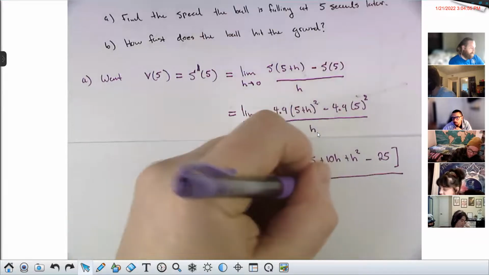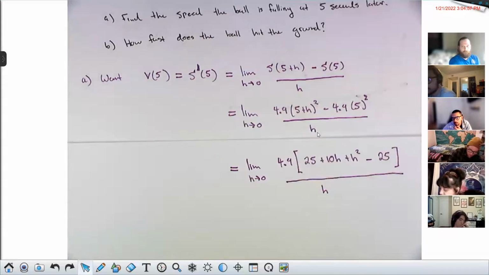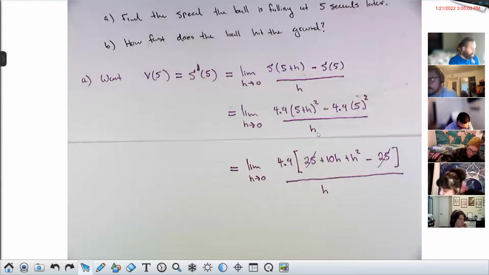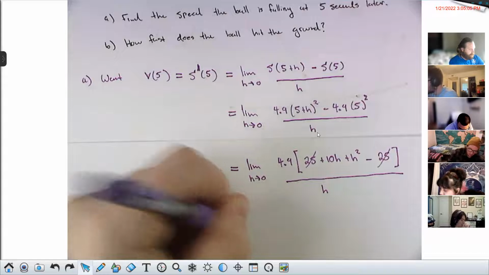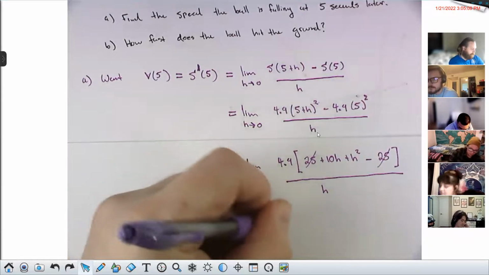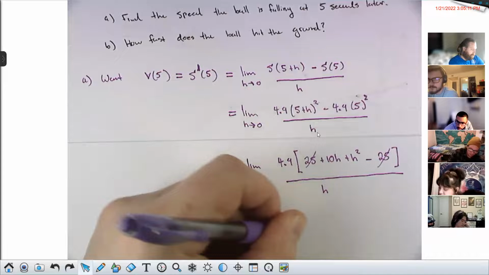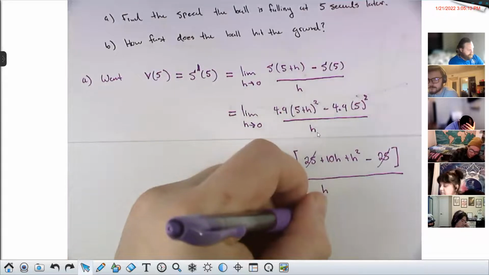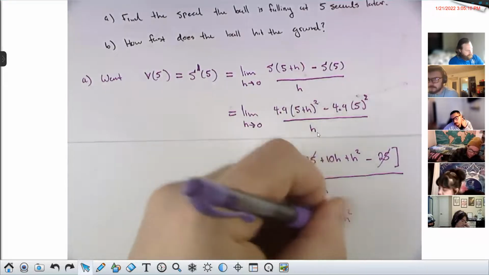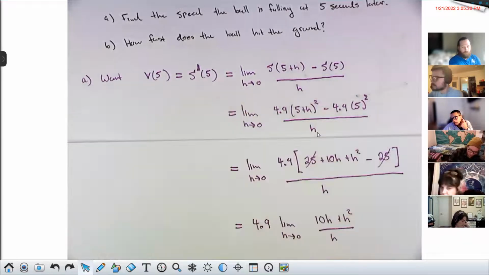And all of this is still over h. The 25s eat each other up. The 4.9 can come outside the limit as a constant. And what's left is 10h plus h squared over h.